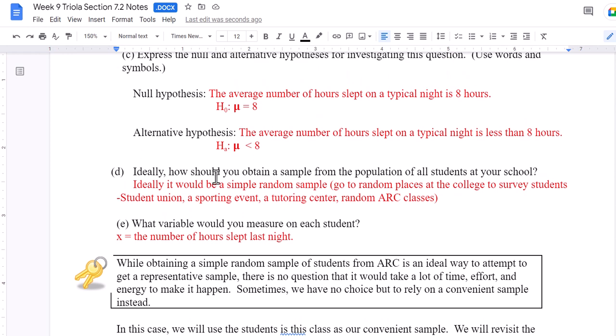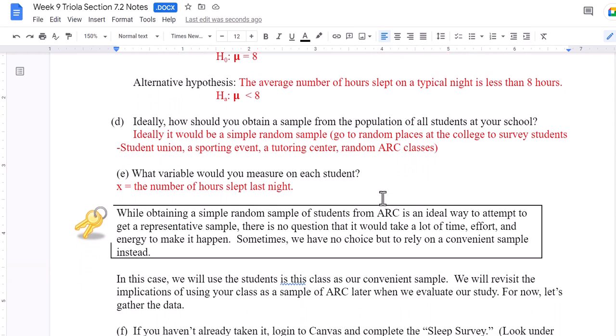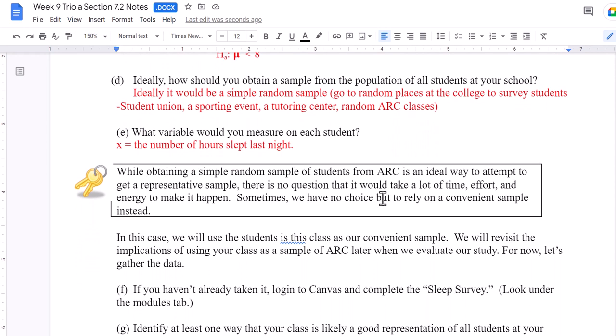Look above at part D. To get a simple random sample, some of the ways I listed are to go to random places at the college to survey students: the student union, a sporting event, a tutoring center, maybe finding the times that the tutoring center is busiest, and random ARC classes. That takes a lot of time, effort, and planning, and some people may not be up for the challenge. And so a convenient sample is used instead.